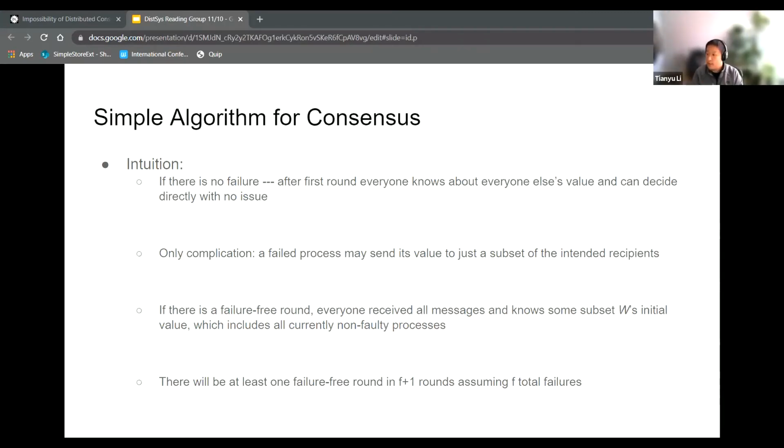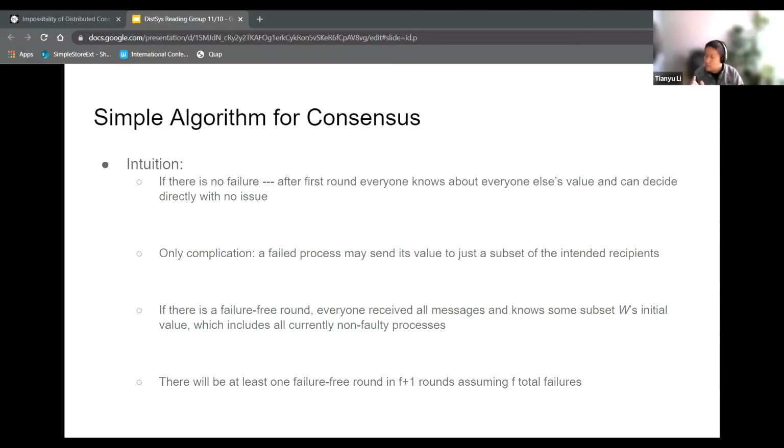That's going to be a problem if they make a local decision at that point, because they could arrive at different decisions. So that's bad, which is why if you have a failure round, everybody has to keep talking to each other. And in the first failure-free round, everybody would agree on what the cluster state looks like. And that is when you can actually decide.